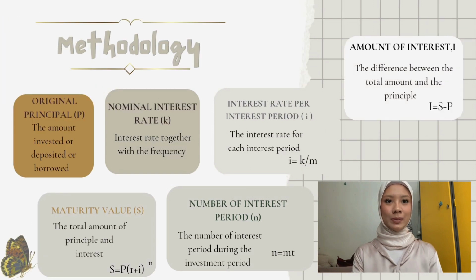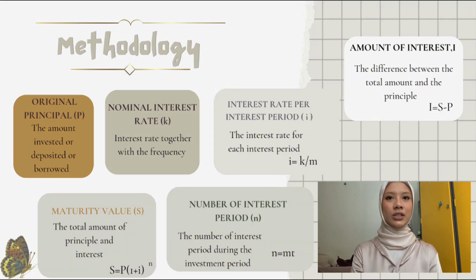I am going to explain the methodology. First, original principal, capital P, the amount invested or deposited or borrowed. Next, nominal interest rate, K, interest rate together with the frequency. Next, interest rate per interest period, I, the interest rate for each interest period. The formula is I equal to K per M. Next, amount of interest, capital I, the difference between the total amount and the principal.